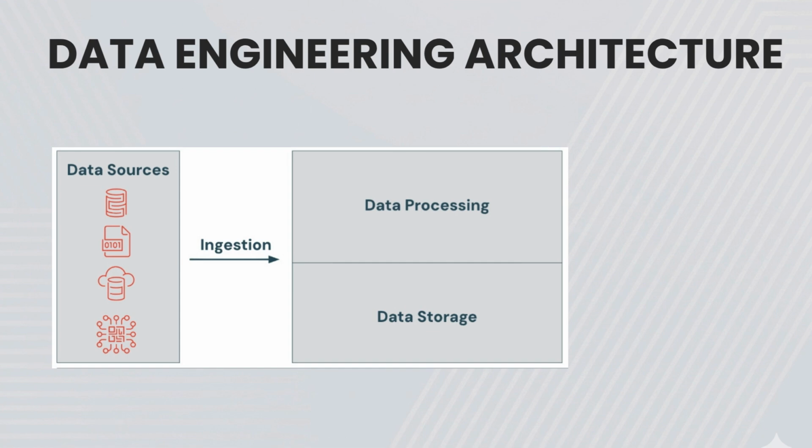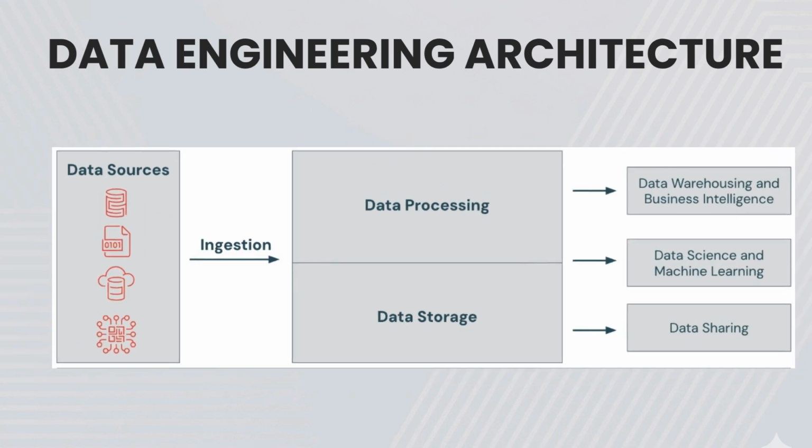Data processing. Once ingested, data must be processed and cleaned using various tools to ensure accuracy and completeness for business use. Making data available. Processed data is then stored and provided to consumers like business analysts, data scientists, and machine learning teams for insights, models, and applications.